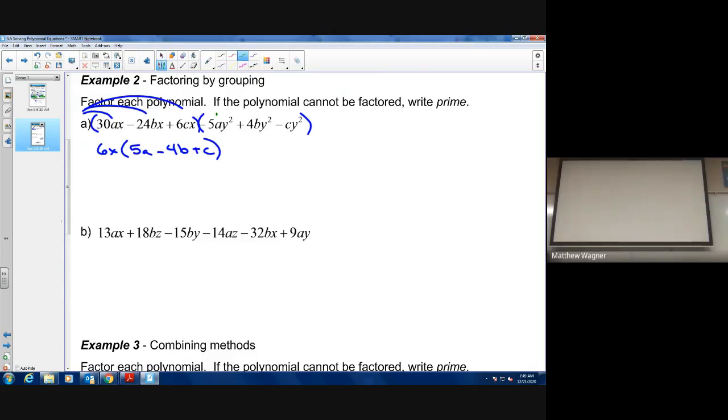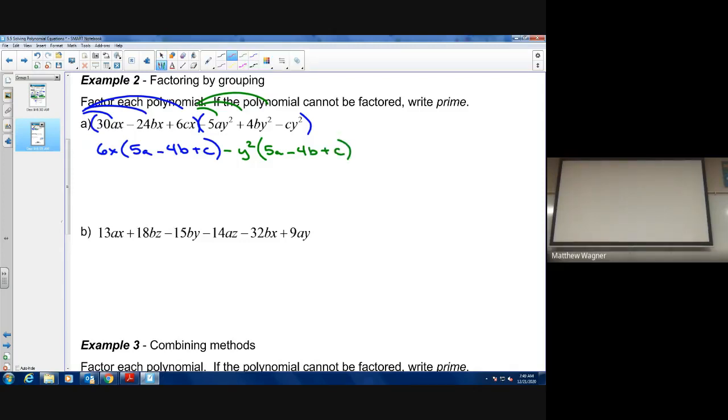All right. What can I take out of my second group? What is common there? It looks like my y squared is common. And then I wind up with 5a. Whoops, it's not plus 4b. We took out a negative y squared, so it's minus 4b plus c.